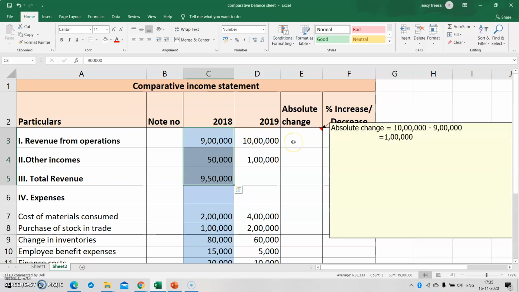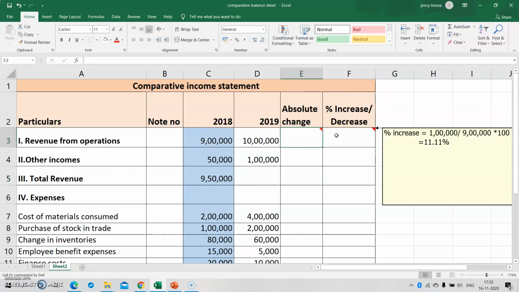So the absolute change will be the current year's revenue from operations, 10 lakhs, minus 9 lakhs, which is 1 lakh. So 1 lakh is the absolute change here. And coming to the percentage increase or decrease, how will you find that? I told you it will always be based on the base year's figure.